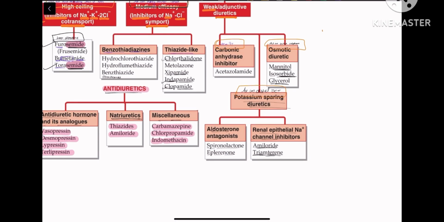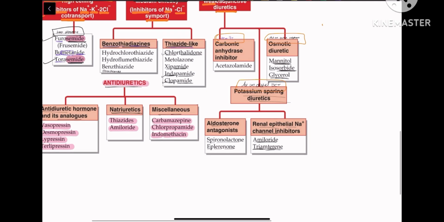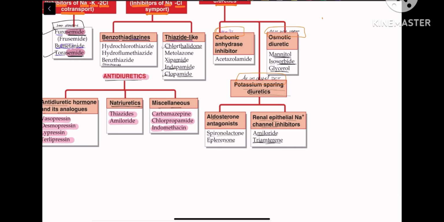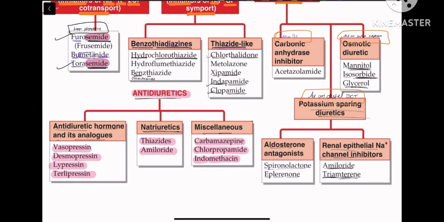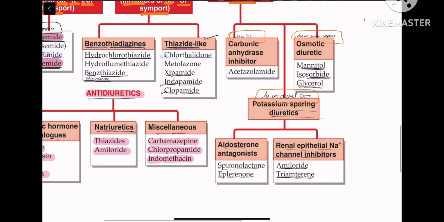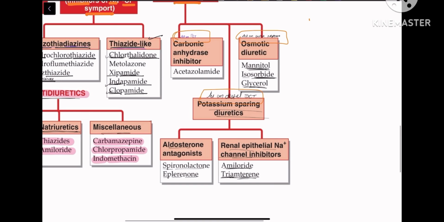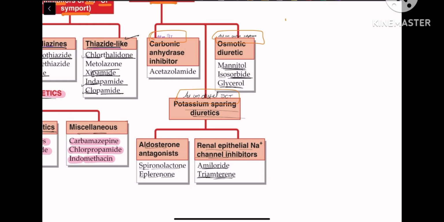They are divided into benzothiazides and thiazide-like. Examples are hydrochlorothiazide, benzthiazide, chlorothiazide, and thiazide-like are chlorthalidone, xipamide, indapamide, and clopamide. So we can easily remember this word, the amide ending.